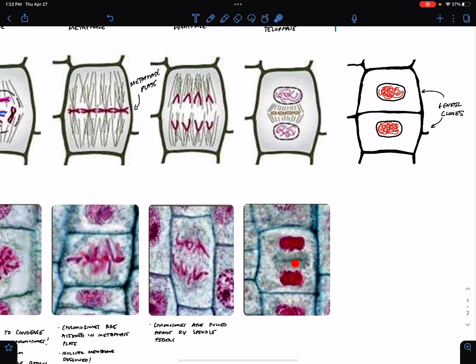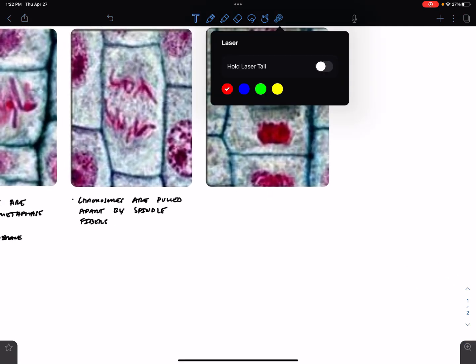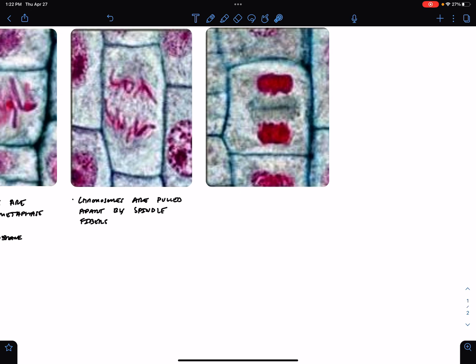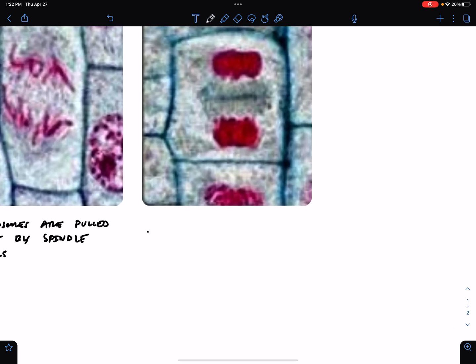So you can see here the cell plate forming a cell wall in the interior of this image. But kind of more importantly, the nuclear membrane is going to reform around the DNA. So nuclear membrane reforms.